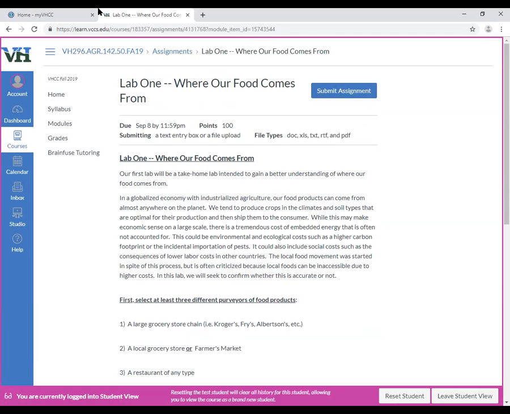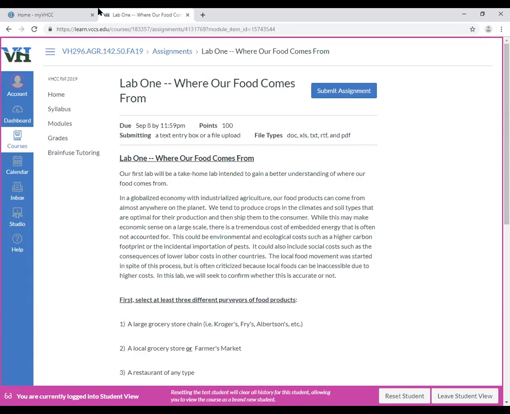So the due date is September 8th by 11:59 p.m. So that's not this Sunday, but the following Sunday at midnight. As long as you get that turned in, whatever format you want, that could be a Word document, a spreadsheet, a PDF, upload that.